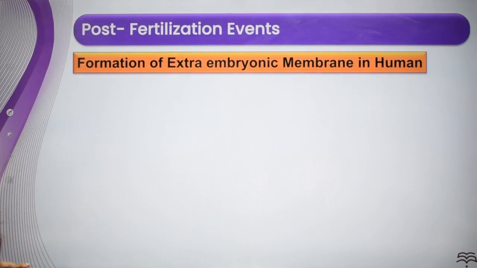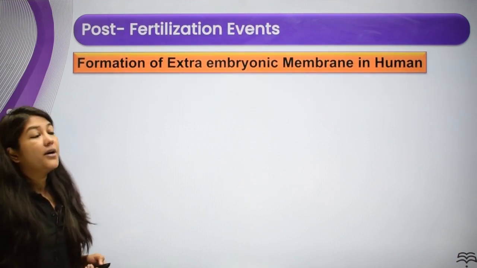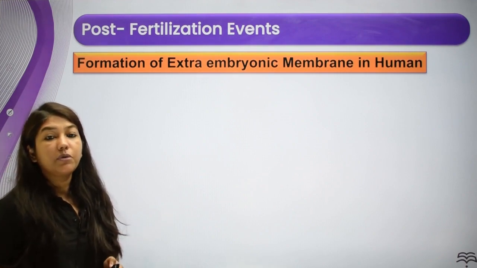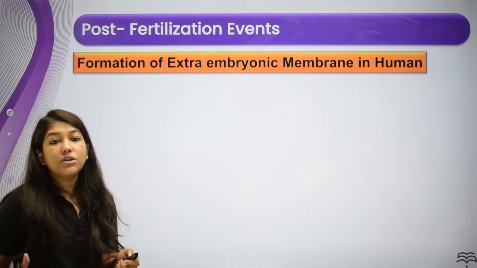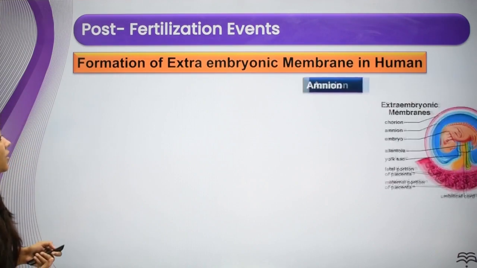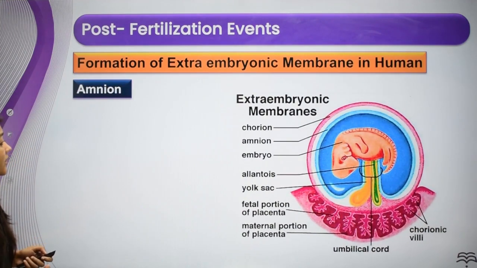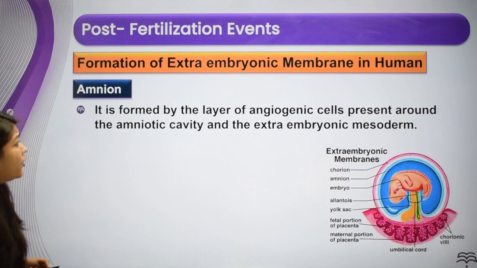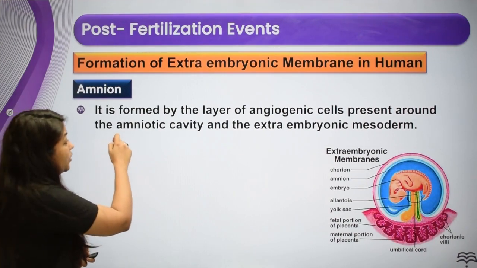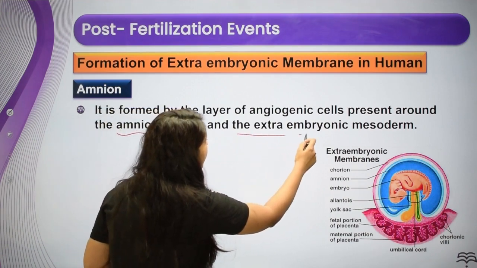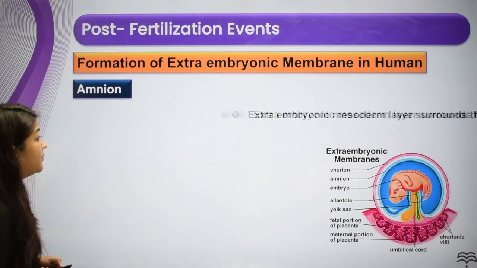Now, the next is the formation of the extra-embryonic membranes. So, we'll be talking about chorion, allantois, yolk sac, amnion. Alright, so first we'll be talking about the amnion. It is formed by the layer of ectodermal cells present around the amniotic cavity and the extra-embryonic mesoderm.